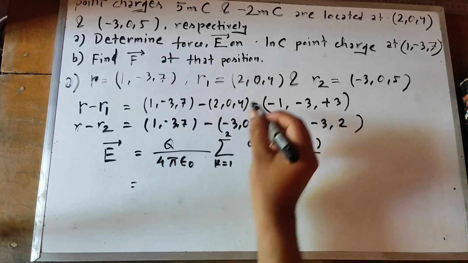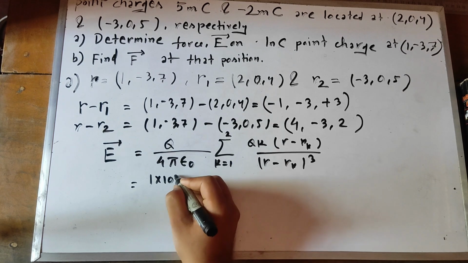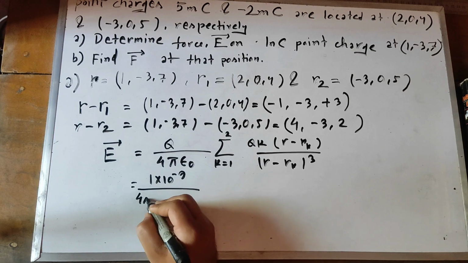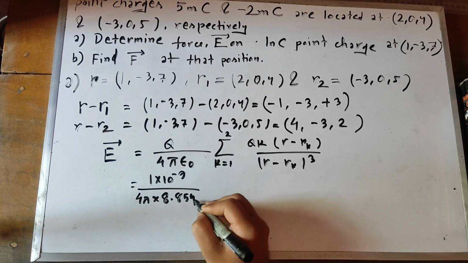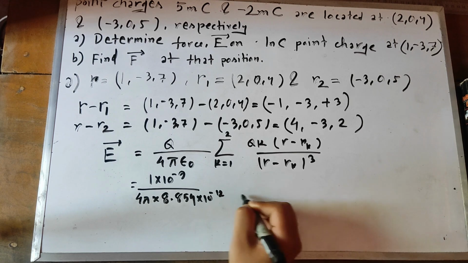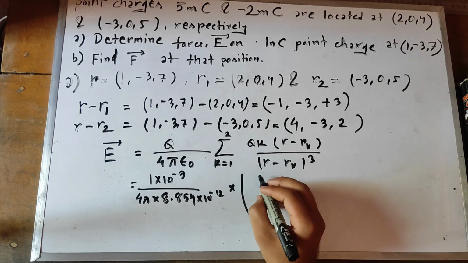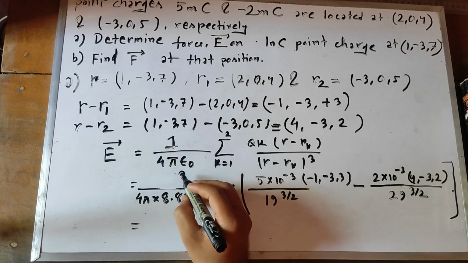So this q is the test charge, 1 into 10 to the power minus 9 coulomb, and this is 4 pi into 8.854 times 10 to the power minus 12, cross. So first is 5.